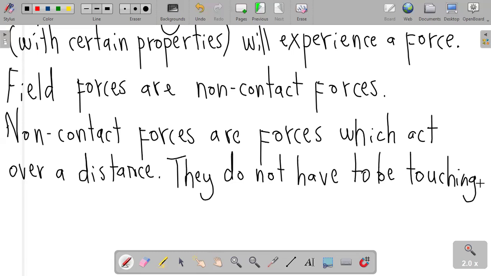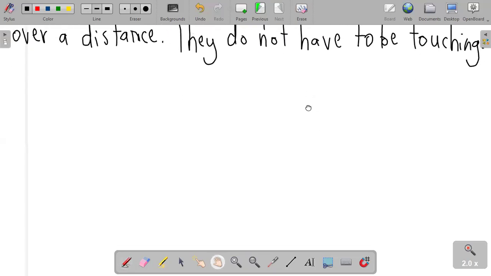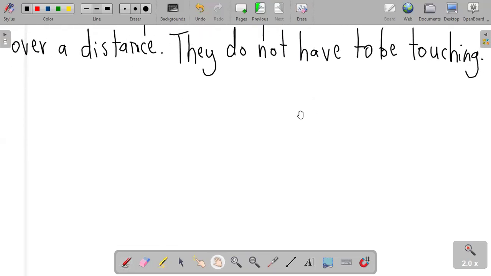So it means they needed to be touching. In this case, they do not have to be touching. That's why we say they are non-contact. And so there is a field which they act in.